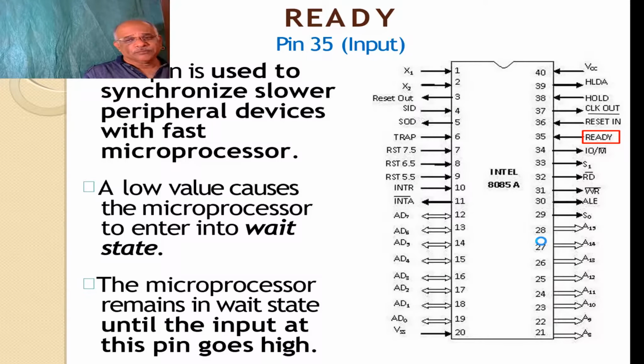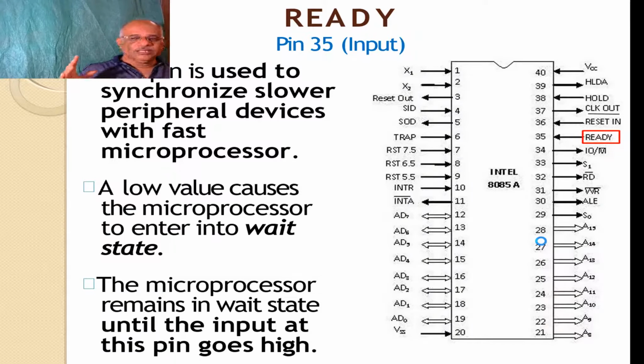But remember, the speed of the microprocessor, as we have discussed, is nearly about 3 megahertz, so it works on that fast 3 megahertz clock. But the peripheral devices are not able to work with the speed matching the microprocessor 8085. So there is a difference in speed.